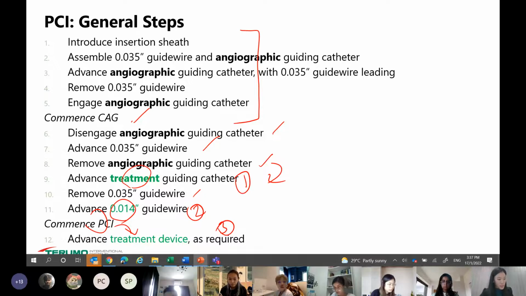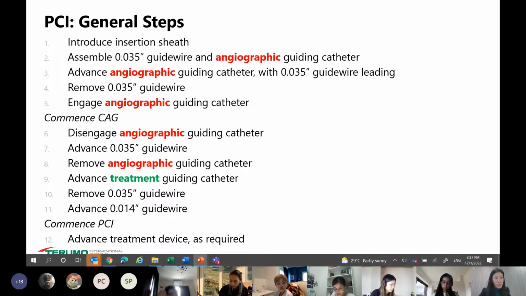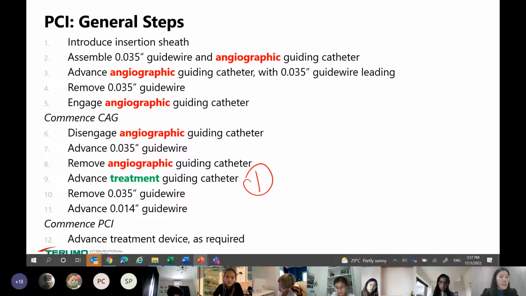So I'm going to move deeper into what's the difference. The first difference, of course, is that you will see a treatment guiding catheter used instead of an angiographic catheter. There's a slight difference in the properties of a treatment guiding catheter and an angiographic catheter. For the angiographic guiding catheter, what it does is basically carry the contrast media, supporting the injection of contrast media to take CAG.